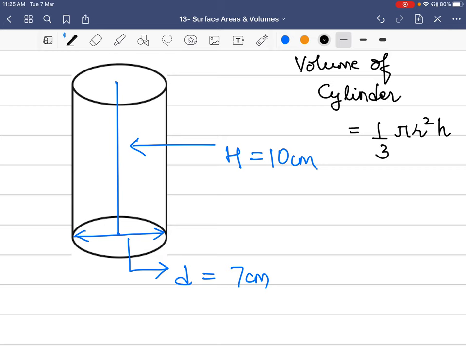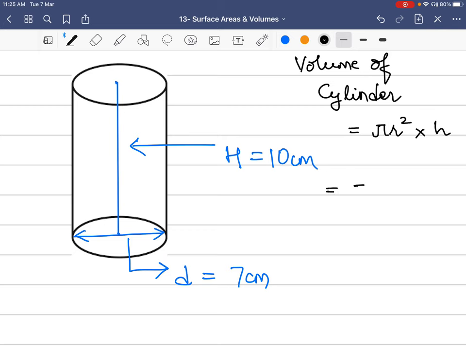I am so sorry, not 1 by 3. Okay, so pi r square is the area of the base and multiplied by height. That becomes the volume of the cylinder. I got confused. 1 by 3 pi r square h is the volume of a cone. So that's not what we're talking about. Okay, so volume of the base is circle, which is pi r square and into h.